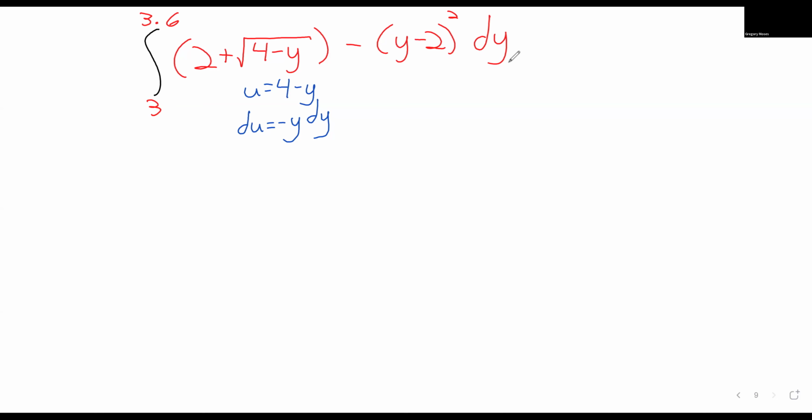And doing u substitution means you have to rewrite everything. So in this particular case, we're probably going to have to break this up anyway.